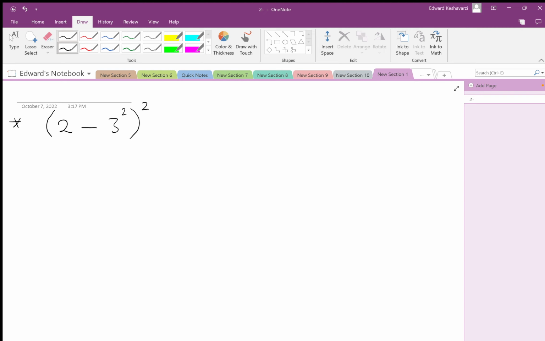According to BEDMAS, brackets come first, but it confuses the students, right? Because here we need to do 3 squared first. So it means before the brackets, we need to do 3 squared, which is the exponent.